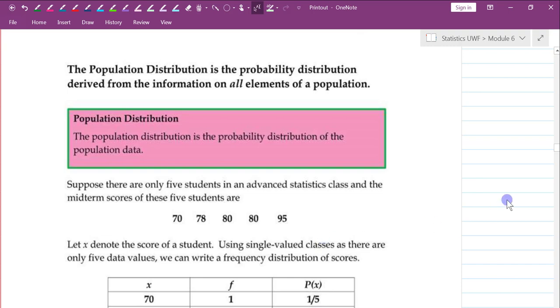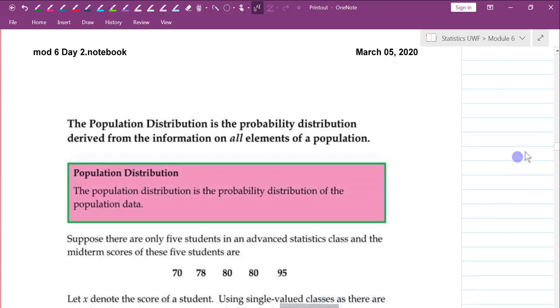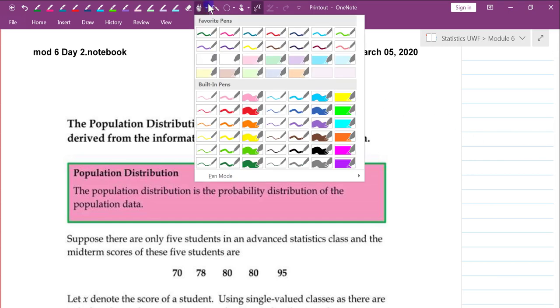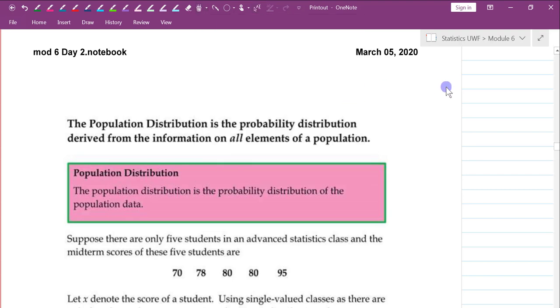Okay, now we're starting a brand new concept. What we're going to be learning about is slightly different than what we've been working on. What we've been working on is determining the probability that we randomly select a single item or a single individual and finding out that that element has a particular value.